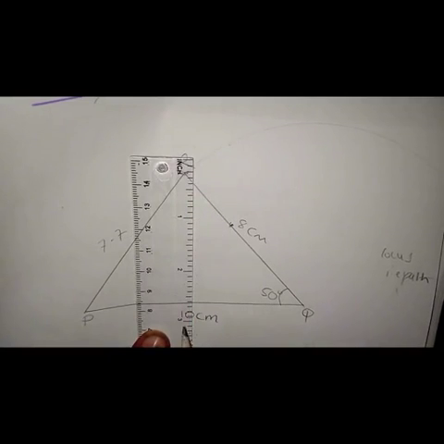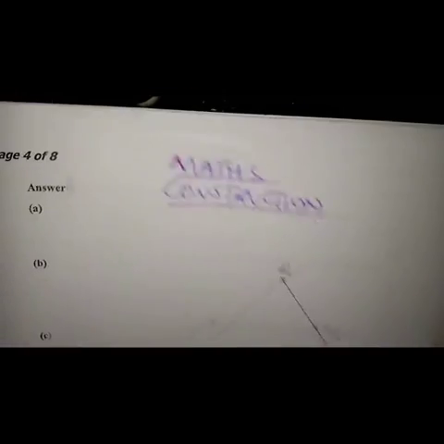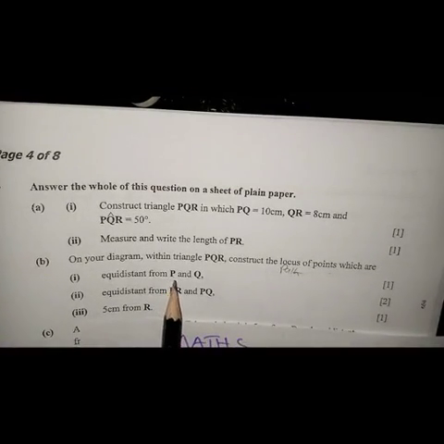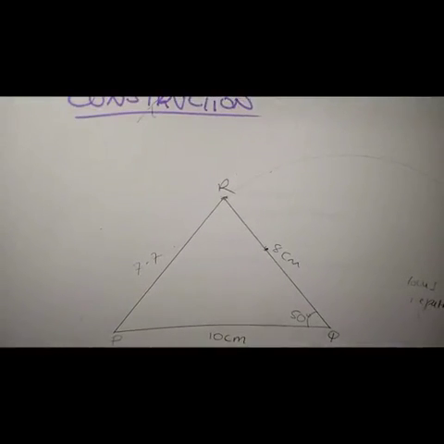But we can't guess where exactly, but we know it will divide 10 into 2 equal parts, like 5 and 5 somewhere, right? So what you have to do here, since no measurement is given, this is what you're supposed to do.